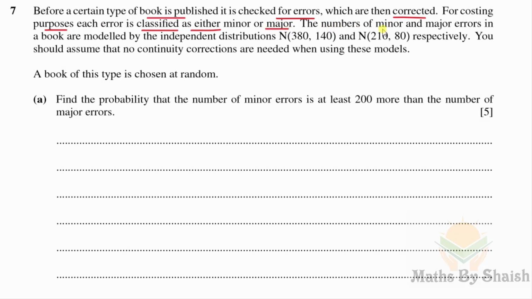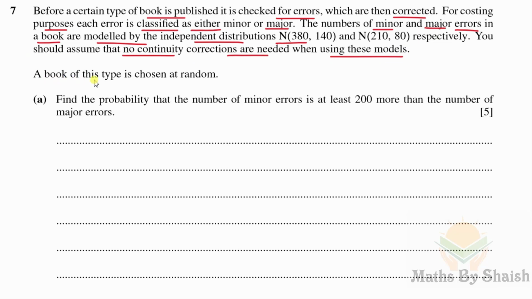The numbers of minor and major errors in a book are modeled by independent normal distributions. 380 and 140 are the parameters for minor, and 210 and 80 for major errors respectively. You should assume that no continuity corrections are needed when using these models.